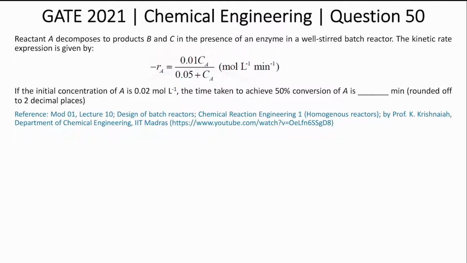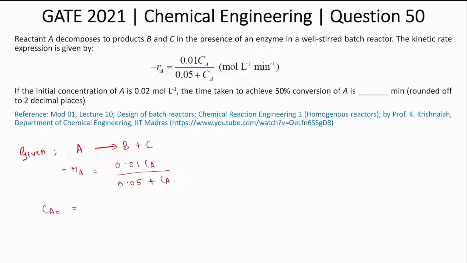So here the given reaction is A decomposing to products B and C in a batch reactor. So A gives B plus C in a batch reactor, and the reaction rate minus Ra is equal to 0.01 Ca by 0.05 plus Ca.